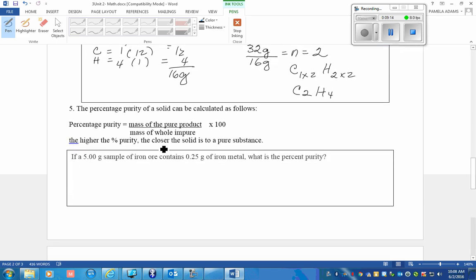The percent purity is another way we can describe a compound. It's the mass of a pure product in the whole mass. The higher the purity, the closer the solid is to being a pure substance. In a 5-gram sample of iron ore, only 2.5 grams is actually just the iron.